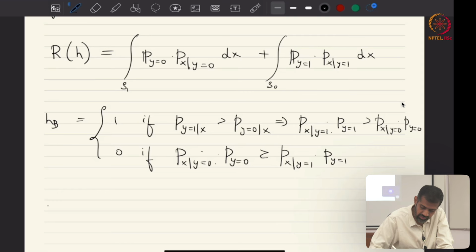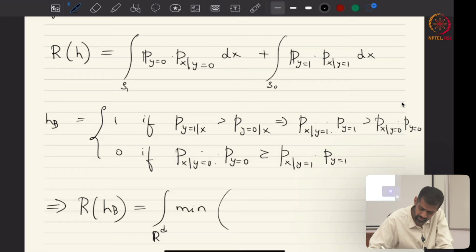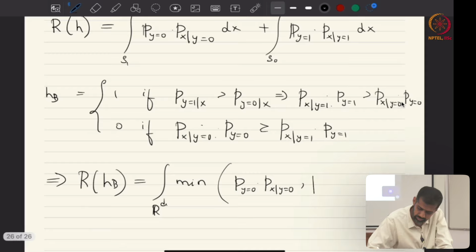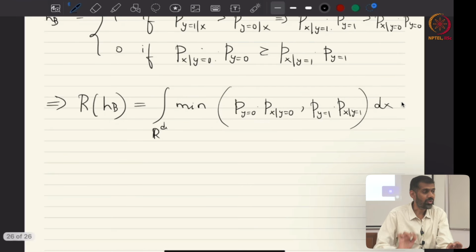Which implies R of H_B is equal to the integral over all of R^d, where you consider the minimum of the two. Do all of you see this argument?